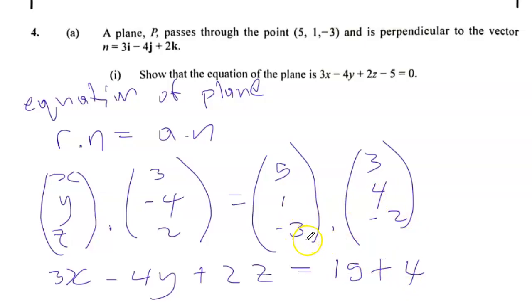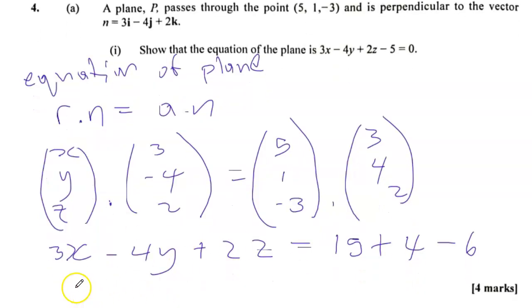Plus minus 3 times 2, well, I've made an error here. n is positive 3, negative 4, 2. So it's actually minus 3 times 2, that's minus 6. So we end up with 3x minus 4y plus 2z is equal to 15 minus 4 minus 6, which is 5.